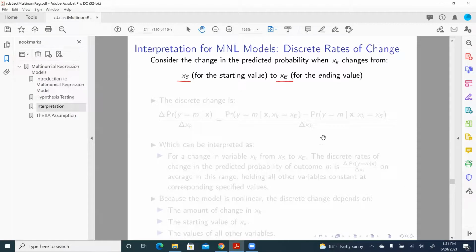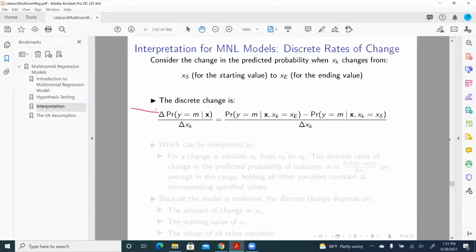The discrete rate of change is defined by this quantity, that is, the amount of change in the response outcome, the predicted probability, relative to the amount of change in xk. That is, in this case, x subscript e minus x subscript s.